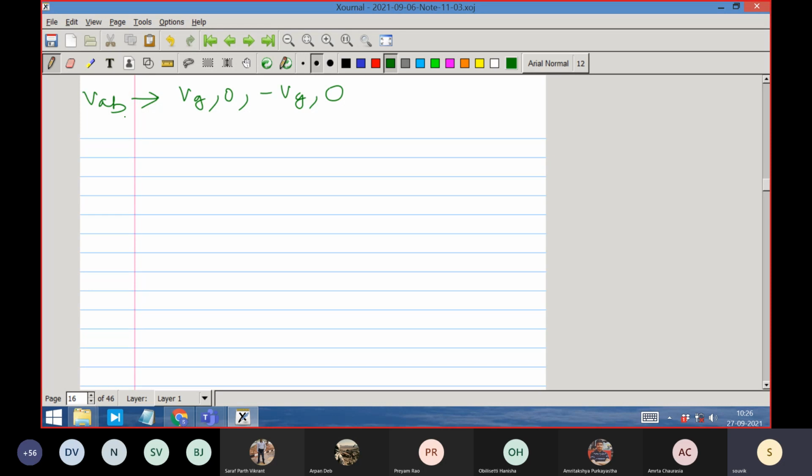I control it by deciding for how much time I have to give VG and how much time I have to give 0. So here also I can do it, but here I can do it with phase shift. That means the difference in the phase between leg 1 and leg 2 itself is deciding when it is producing VG and when it is producing 0.